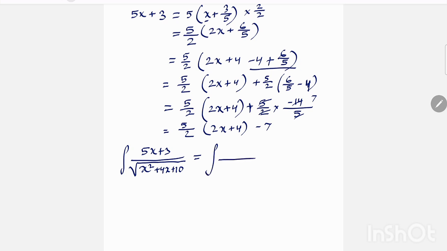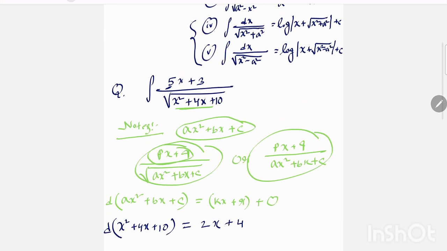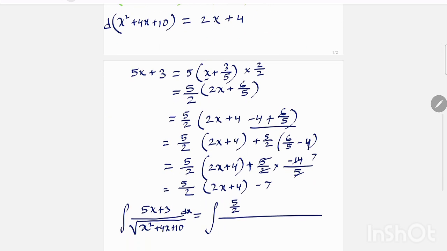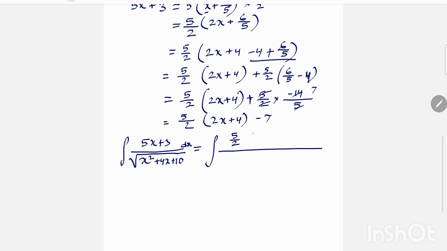So now, instead of 5x plus 3, you can write 5 by 2 into 2x plus 4 minus 7, and I didn't write dx here. Now you can understand why we are taking this term as a derivative, why we are taking this term's derivative in this expression.